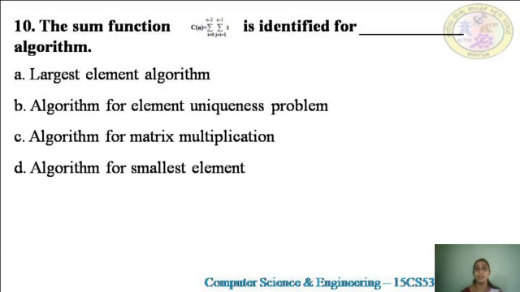In which algorithm do we determine this function, whether it is largest element algorithm, or algorithm for element uniqueness problem, or algorithm for matrix multiplication, or algorithm for smallest element?